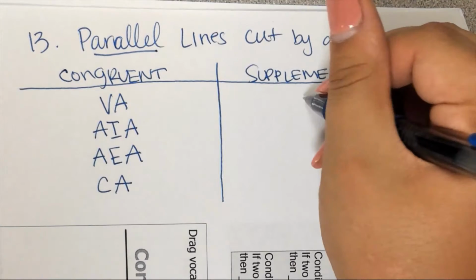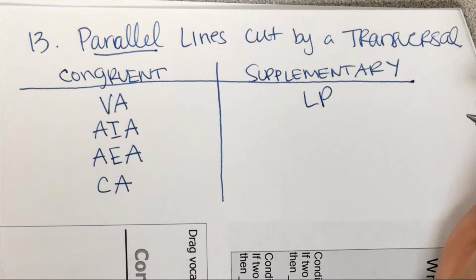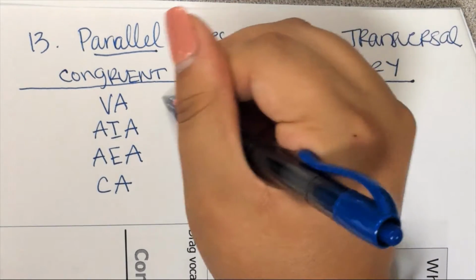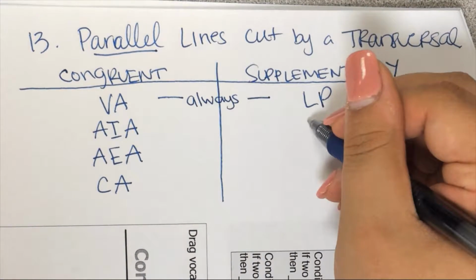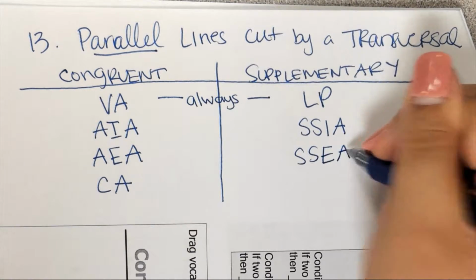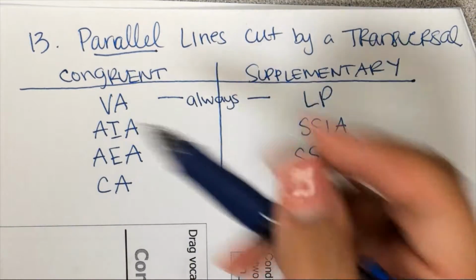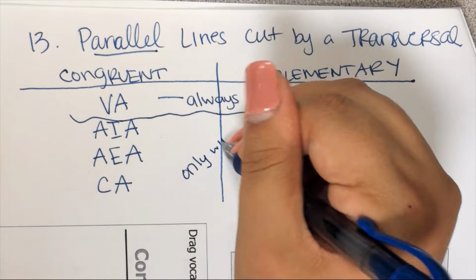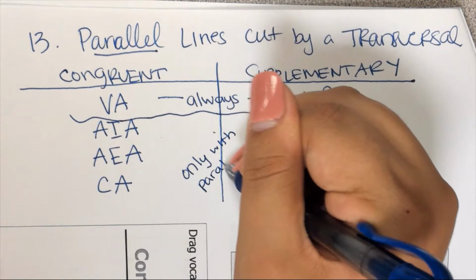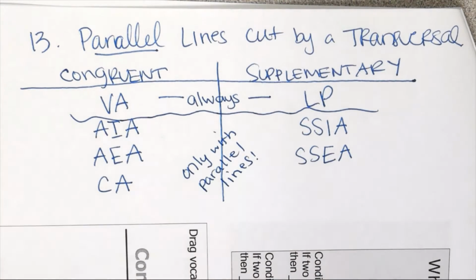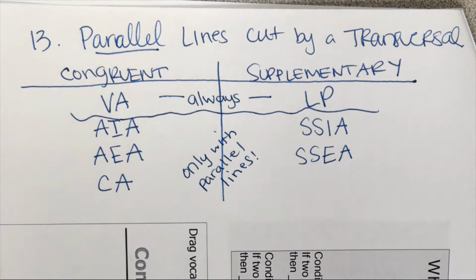The ones that are supplementary: linear pairs, which are always supplementary, but also SSIA and SSEA. And these right here are only with parallel lines. So these are only supplementary if they're parallel lines. These are only congruent if they're parallel lines.